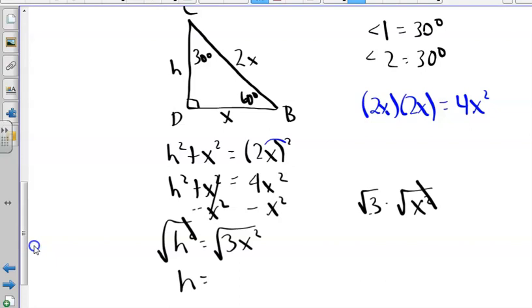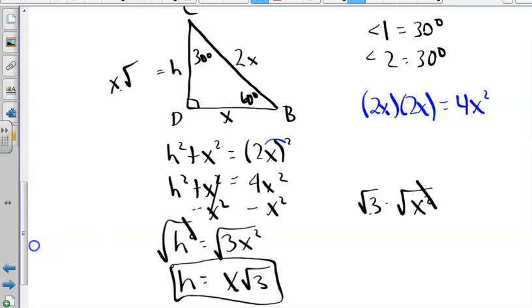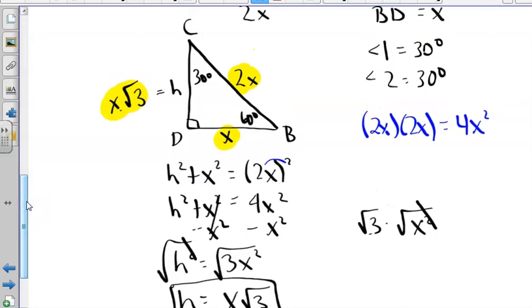And we know that those will cancel, so it will end up being x times root 3. So now we have all three sides in this triangle in terms of x. So these relationships are important. These are the relationships in a 30, 60, 90 triangle.